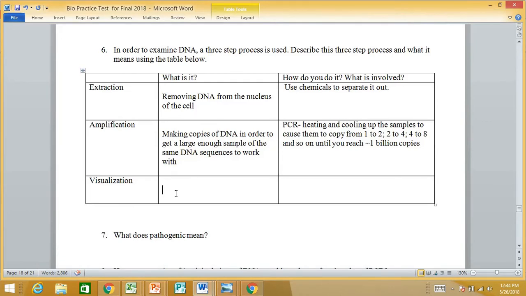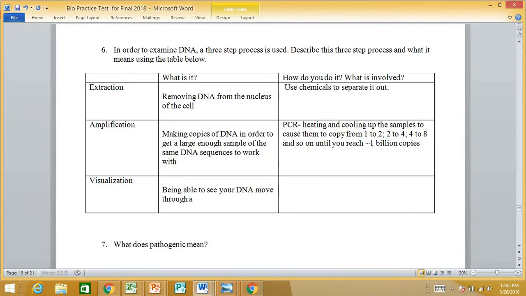And visualization. This is being able to see your DNA move through gel to make observations. And how do you do it?